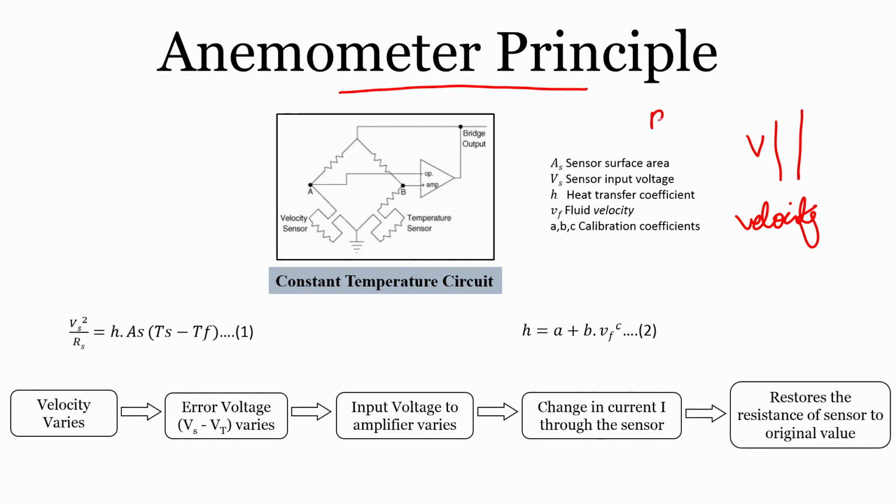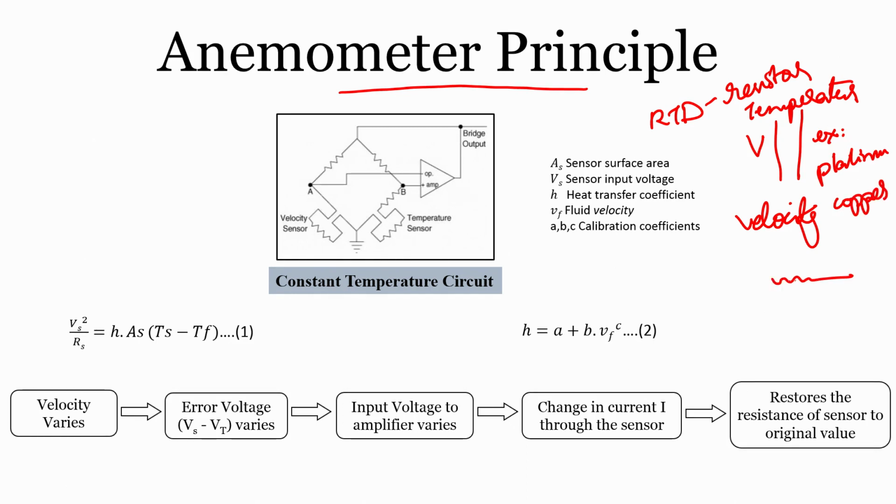Assuming we have an RTD, that is a resistor that changes with temperature, examples for these metals are platinum and copper, which can be used as resistors where the resistance changes because of the change in temperature.